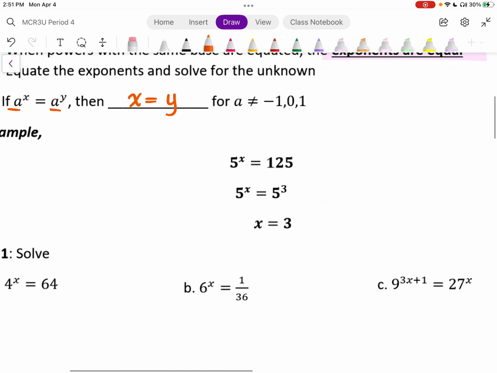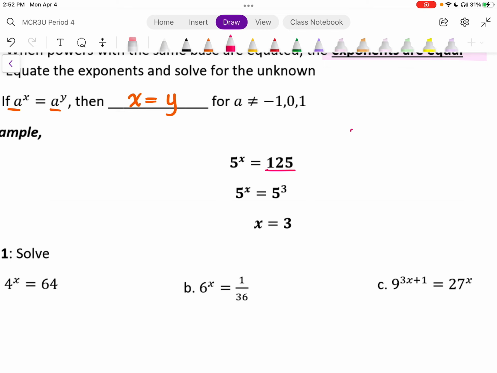So for example, the one that I did with you here is 5 to the power of x is equal to 125. So what we're going to do, and you'll know how to do this in a different way using a different type of function when we get into grade 12. For now, for the purposes of this course, what I want you to be able to do is I'm going to give you numbers that you'll kind of know.